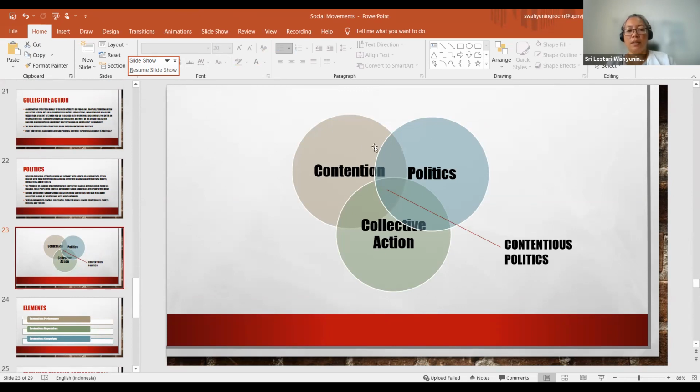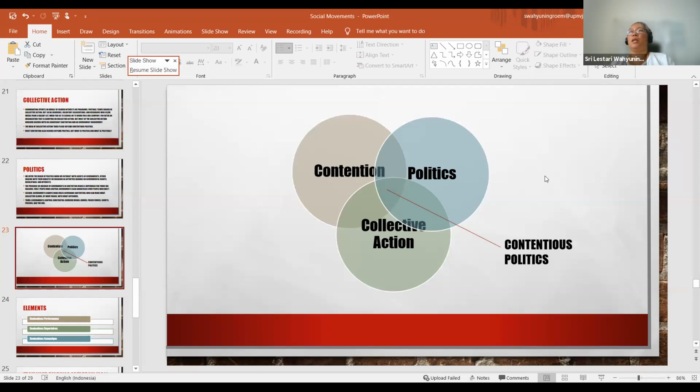So it has the elements of contention, perseteruan atau pertentangan. It has the elements of politics. We don't need to go into detail to define what politics is. You've studied that in the first semester of your study here in Prodi Politik. And then it has the elements of collective action.